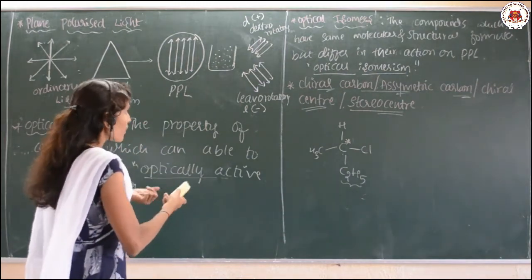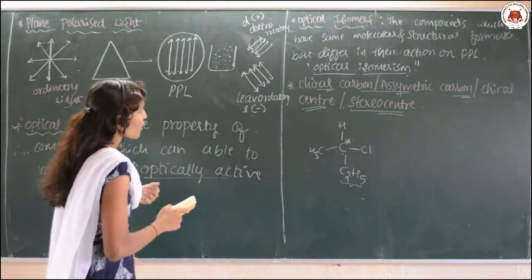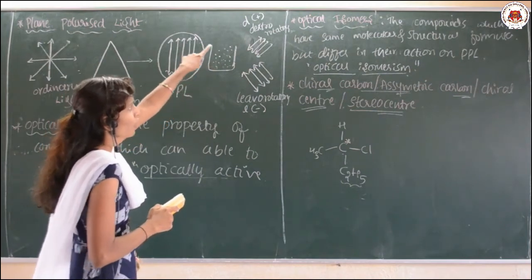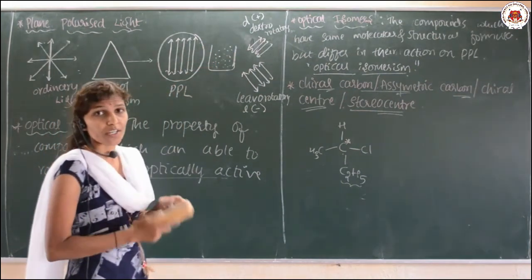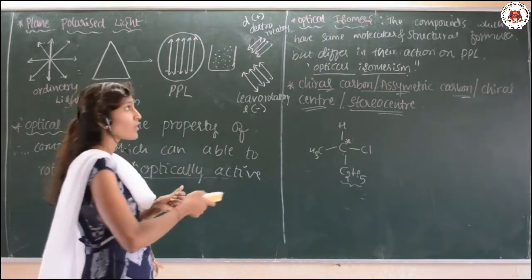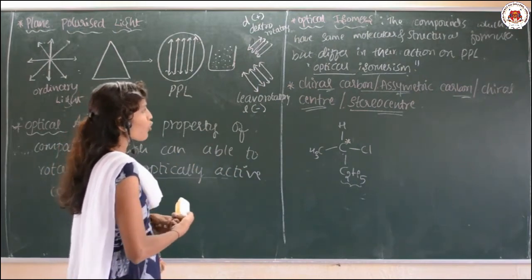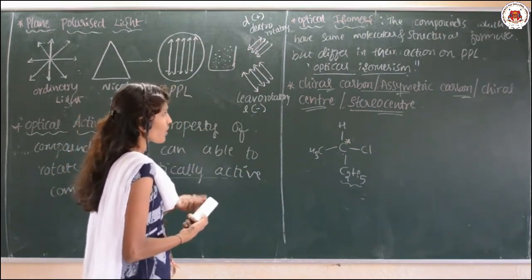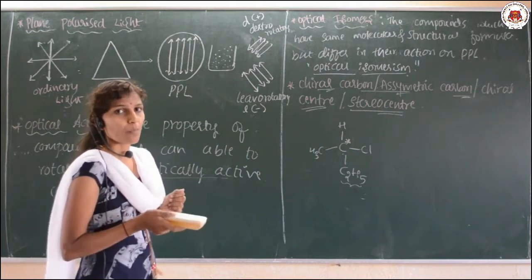So, if the plane polarized light is rotated clockwise, we get dextrorotatory compounds. If it is rotated towards the left, that is anti-clockwise, we get levorotatory compounds.